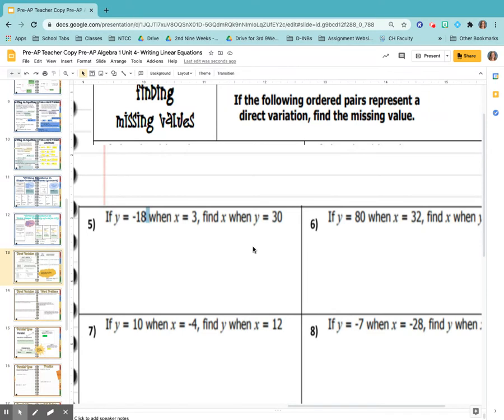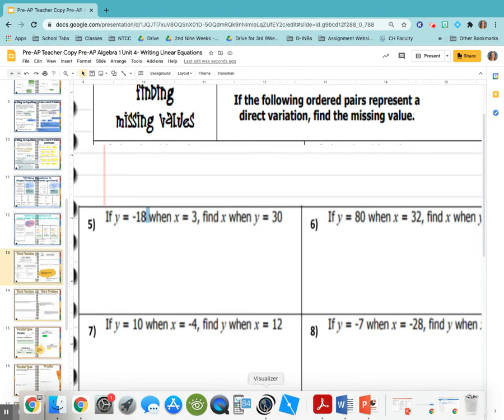All right, so let's write down our information. We have y equals -18 when x equals 3. So using just that information, let's find our constant of variation.